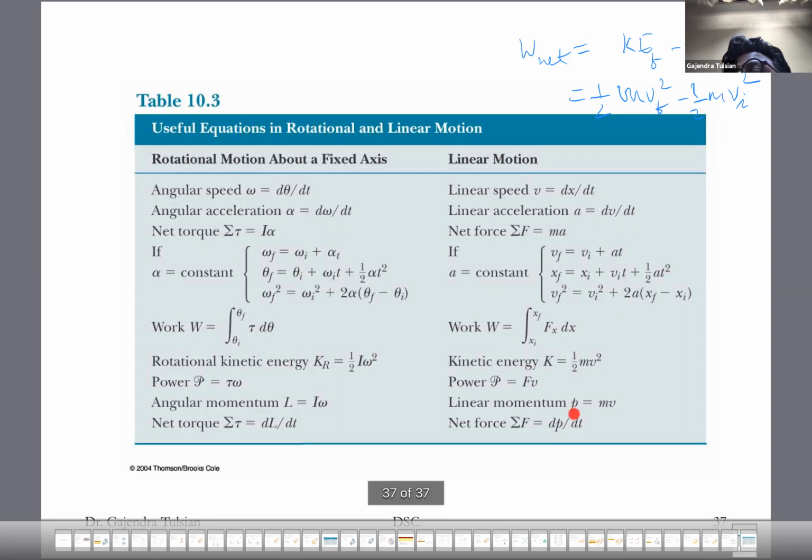This is linear momentum, which is m times v, p, and we'll define angular momentum in one of the next chapters, L, which is I times omega. Okay, so anyway, here's Newton's second law. The net force is dp by dt, and the corresponding Newton's second law for rotational motion would be net torque is dL by dt, rate of change of angular momentum.